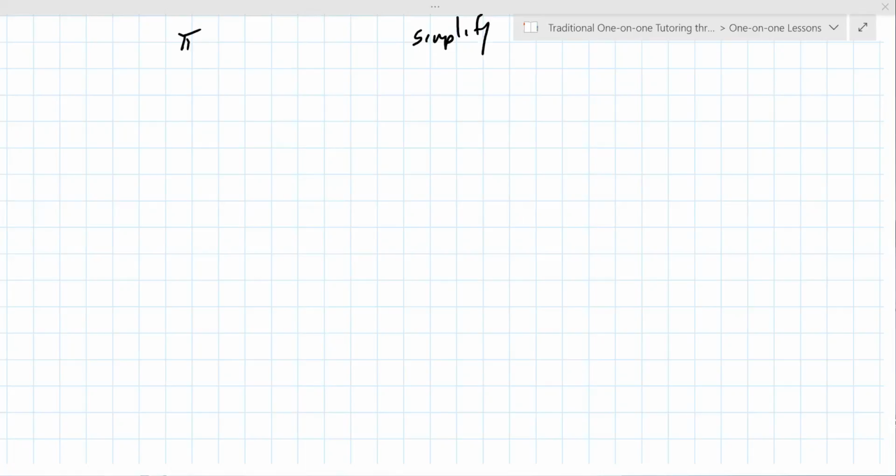All right, looks like you sent some problems here in 8.1. Determine whether the sequence converges or diverges. She assigned number 3 to number 6, and then 8 through 12, and then 14 through 20.